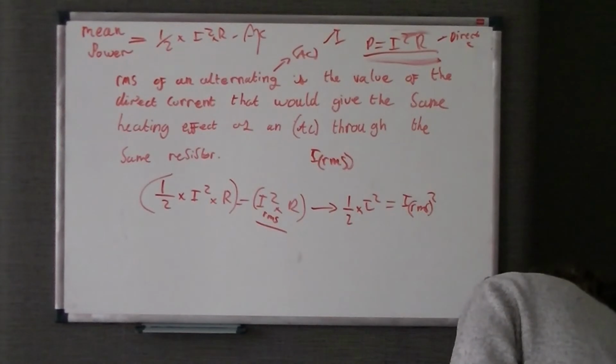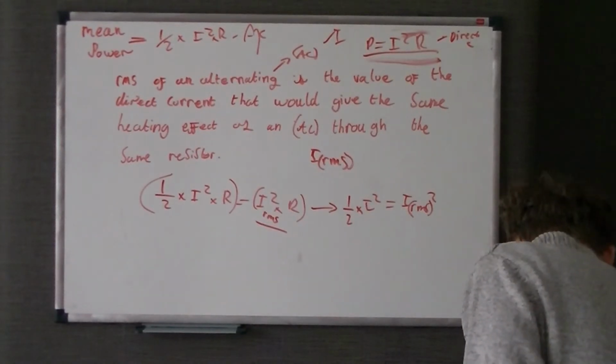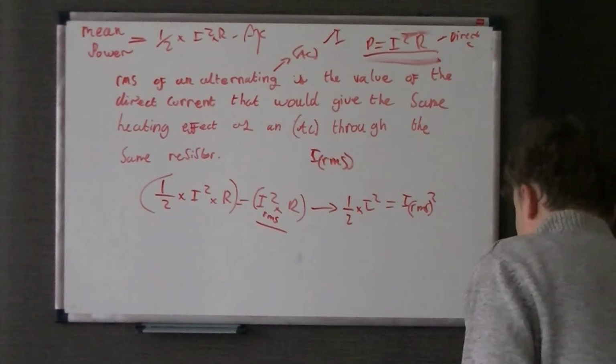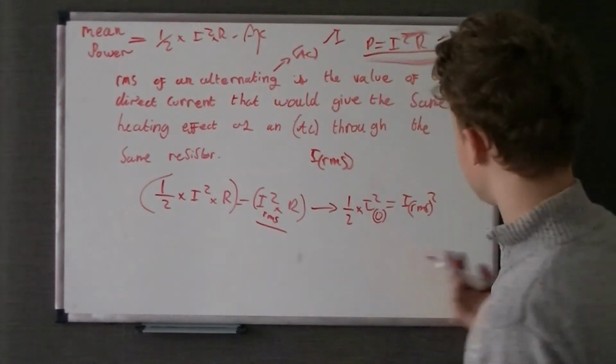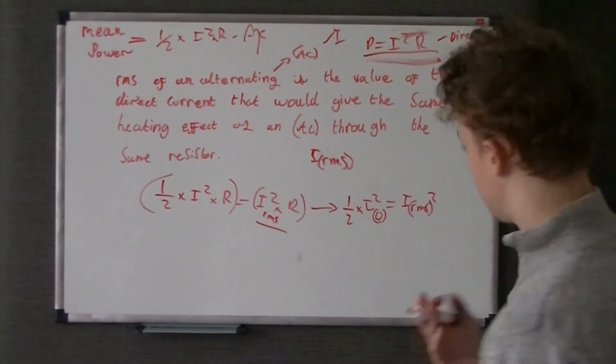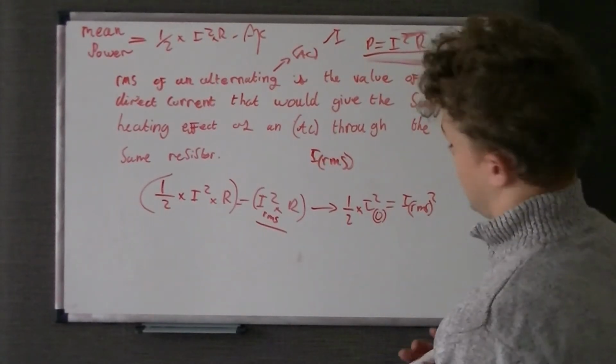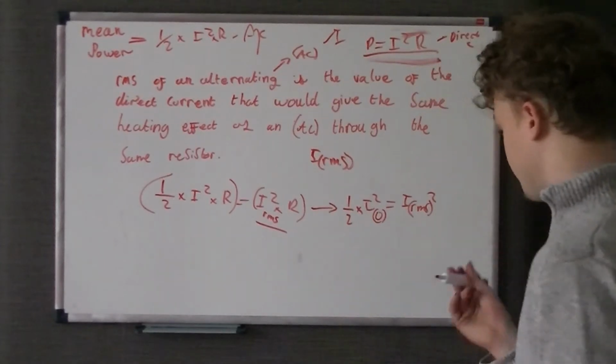Sorry, that should be I0. So when it says I0, it's just a peak current. Sorry, I should have mentioned that before.